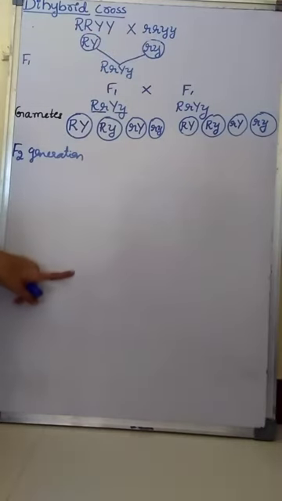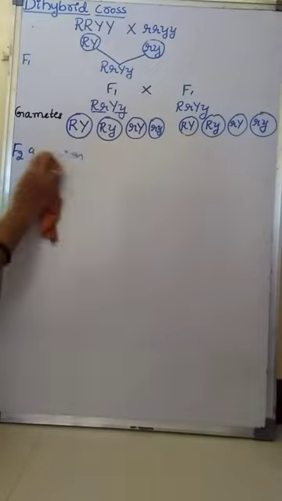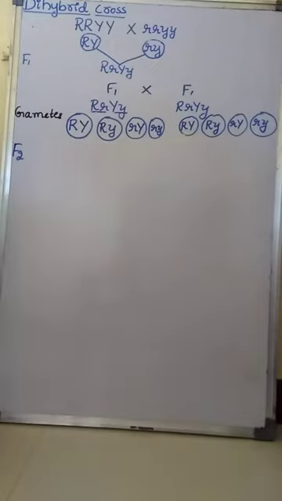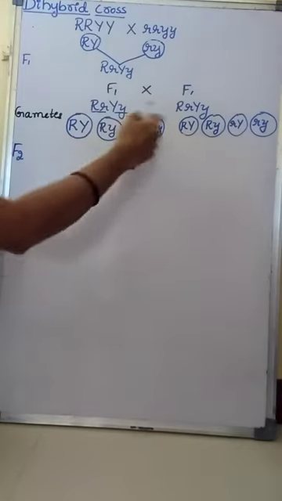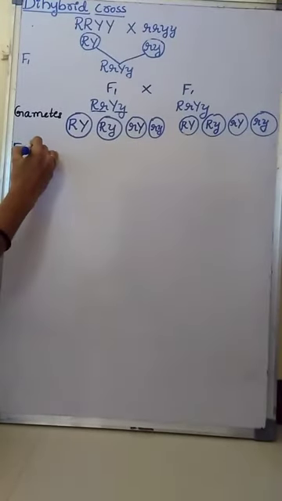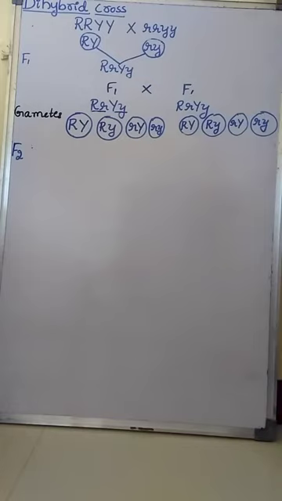In the F2 generation, we will get non-parental combinations, meaning new combinations of characters. What is that non-parental combination? We will see now. In order to fuse these gametes, we can take the help of a checkerboard.